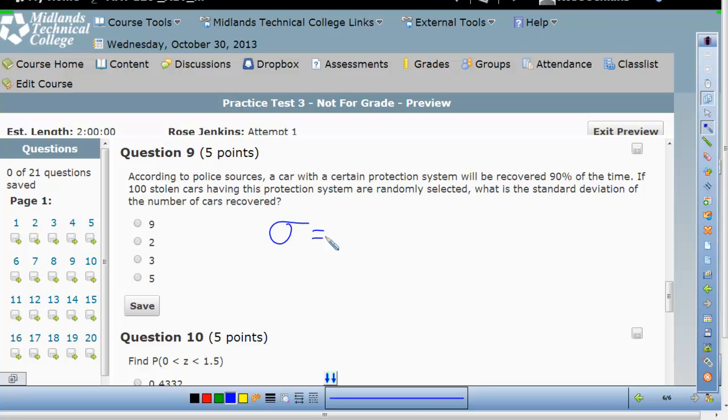What is the formula for the standard deviation of a binomial? Well, in general, that's true, but for a binomial, it's the square root of n times p times q.